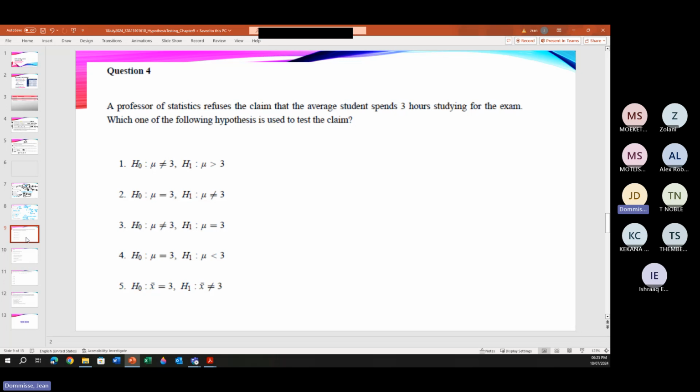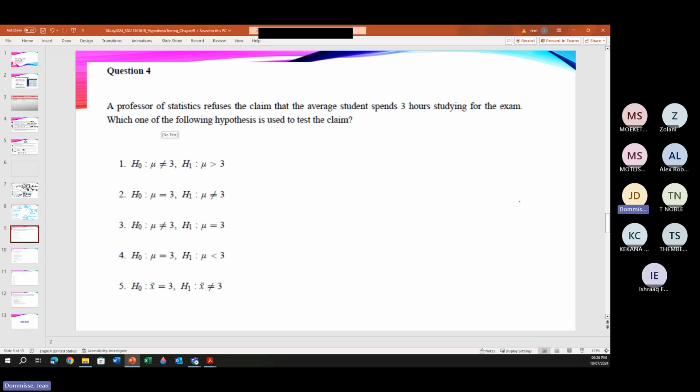Okay, then a few definition type of questions as well. So let's look at a professor of statistics who refuses the claim that the average student spends 3 hours studying for the exam.